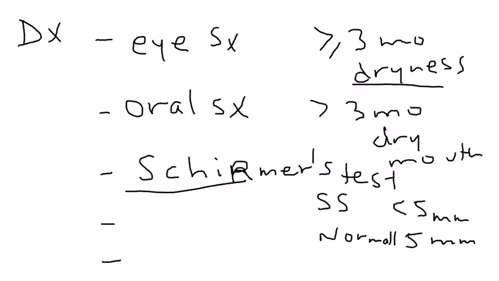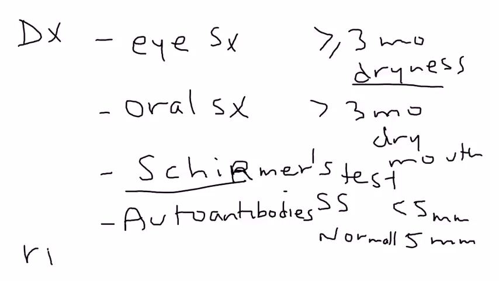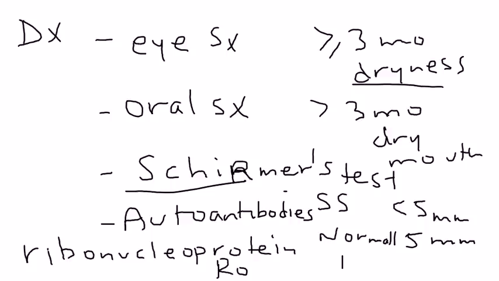The fourth one is an important one. It's measuring autoantibodies. Autoantibodies are actually very important because they're always on the exams. Now they'll give you these, and I'll write them out for you. Ribonucleoprotein, Ro and La.